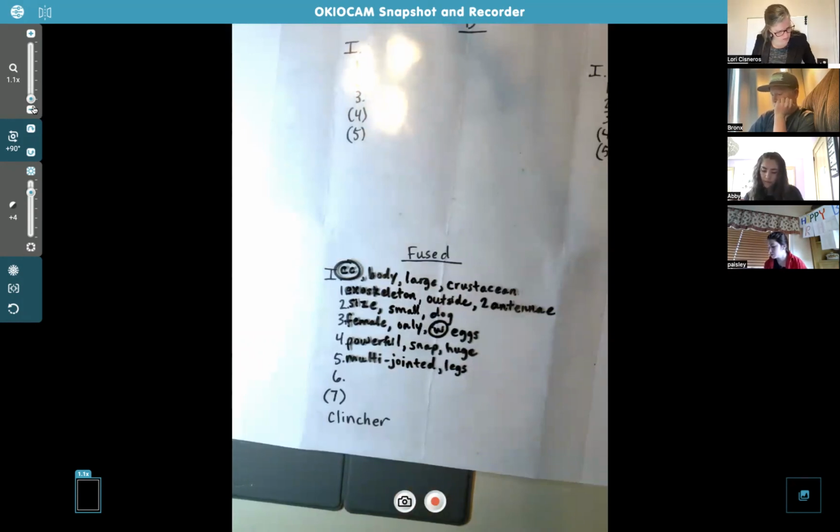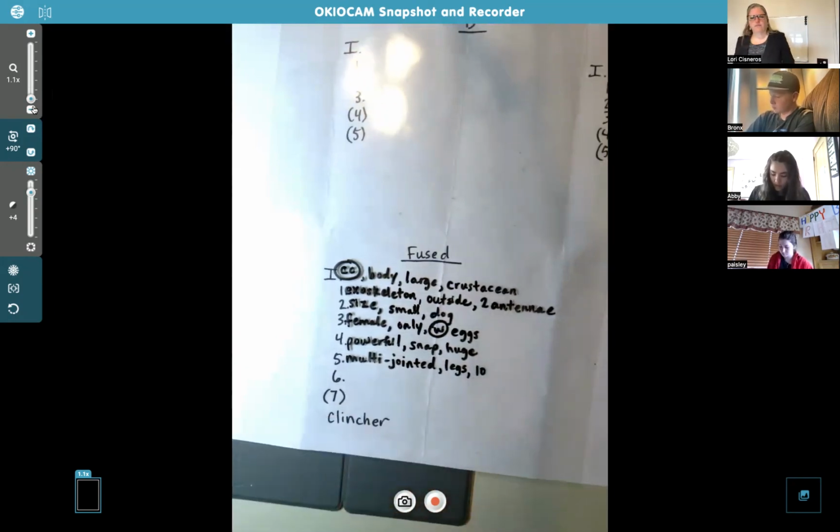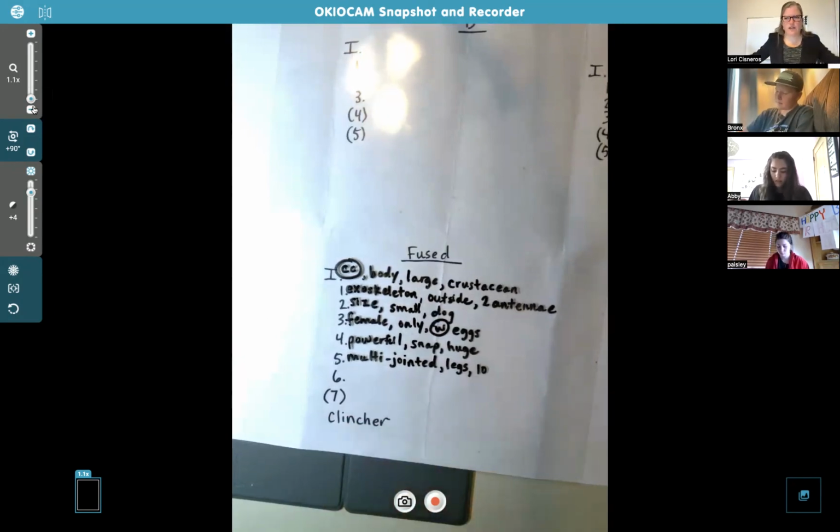Just trying to remember. Is it 6 or is it 10? I think it might be 10. They have a lot of legs. Oh, 10 multiple jointed legs. 10, that's what I thought. So if you wanted to put 10, you could. So 5 on each side.